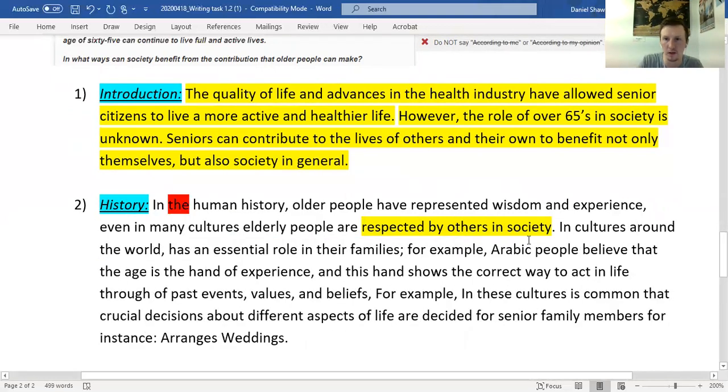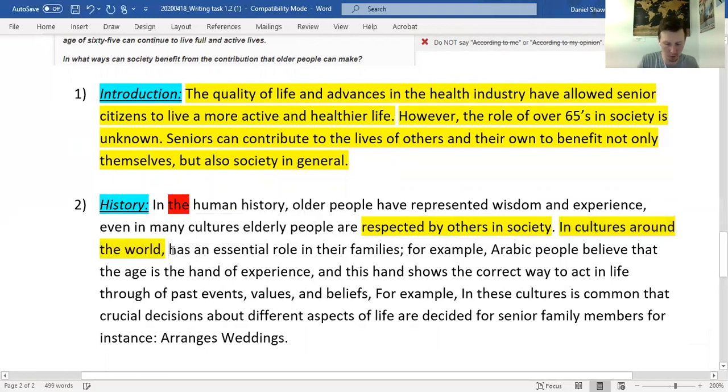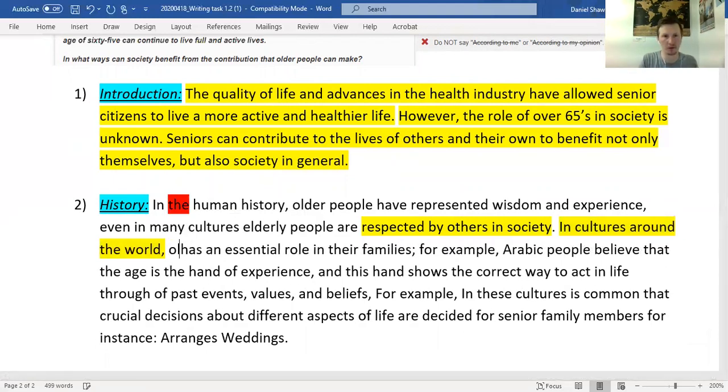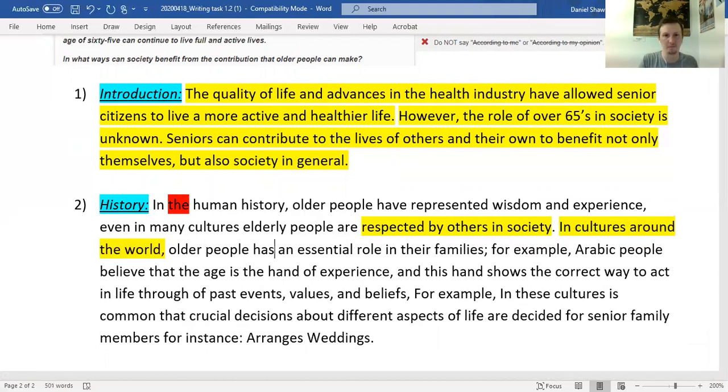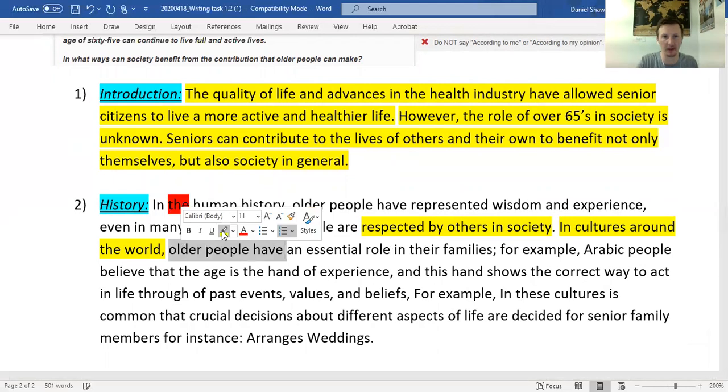Again, I'll put this in yellow. Older people have an essential role in their families. So again, we've changed that.